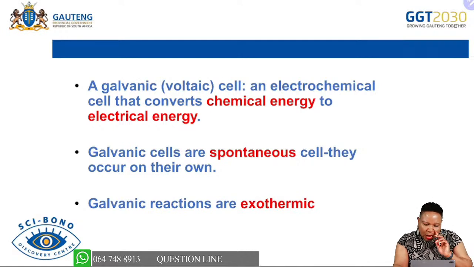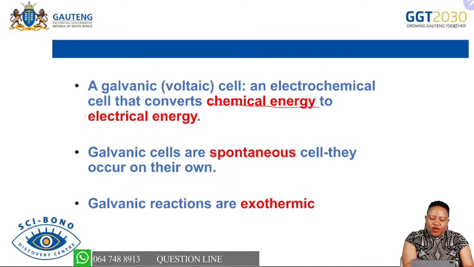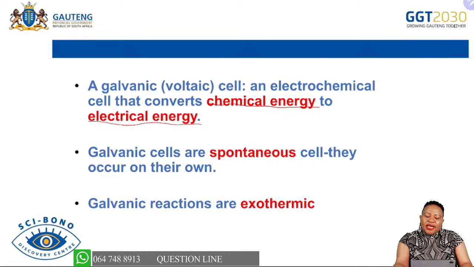Now, when we look at our galvanic cell, the first thing they said is that we must be able to define it. So we are going to define our galvanic cell using energy conversion, which is when chemical energy is converted to electrical energy. We must also know that these galvanic cells are spontaneous reactions. They occur on their own, meaning that there is no energy added for this cell to be in operation.